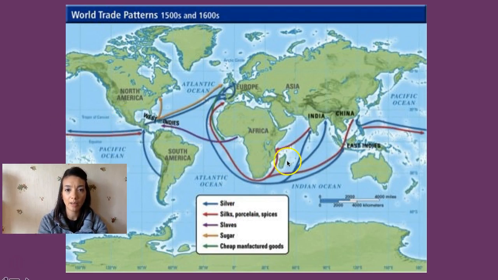Slaves are mostly coming out of Africa. Sugar is yellow. Okay, sugar is coming out of this area of the world, the Caribbean. And then other cheap manufactured goods are green, and we've only got a short green arrow from Europe down here.